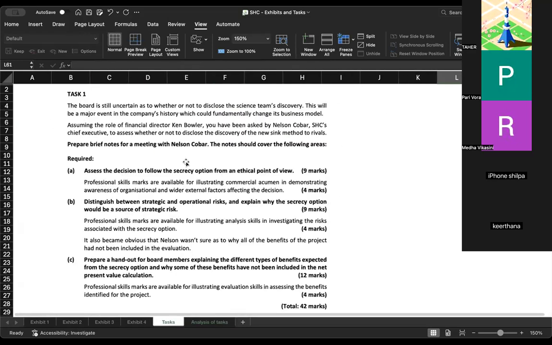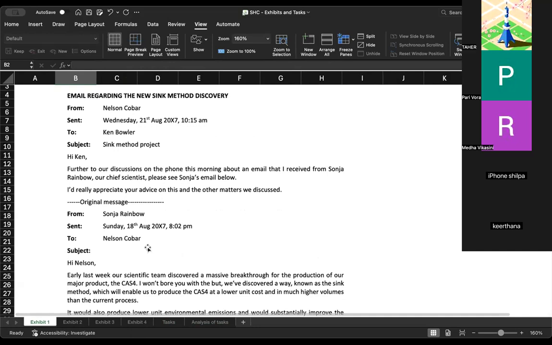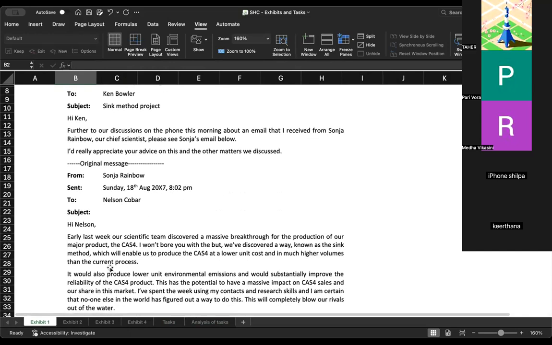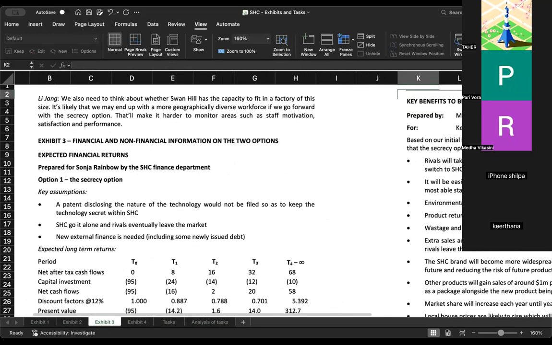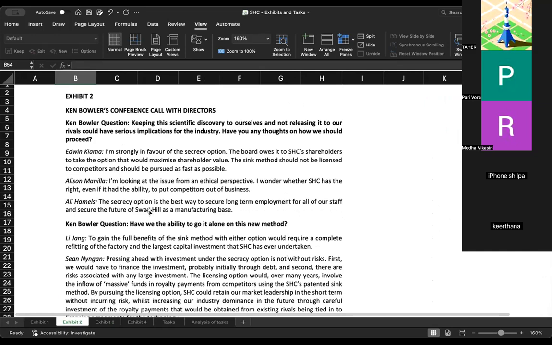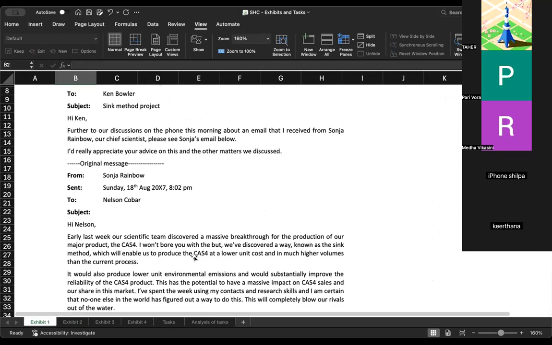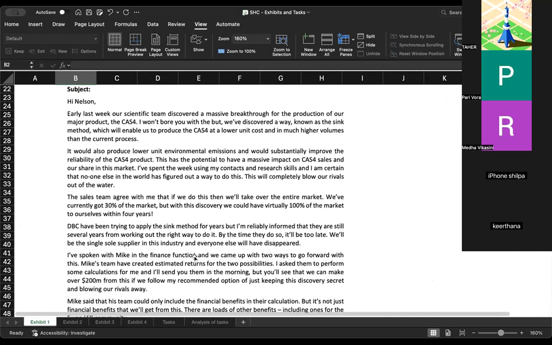Now look at this task and tell me, can you correlate it with a specific exhibit? Exhibit 1. Does any other exhibit have information about this? Sir, in Exhibit 2, because the directors are discussing it. Specifically Exhibit 2, sir. Exhibit 1, Exhibit 2 or both?